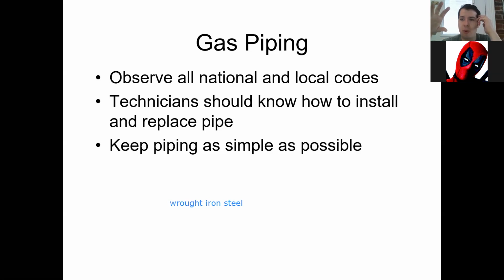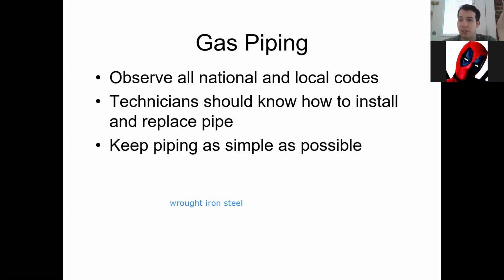For regular wrought iron steel gas piping, code-wise, every so many feet, if it's not connected to a bracket or a wall or something like that, it's going to need a support strap somewhere along the way.